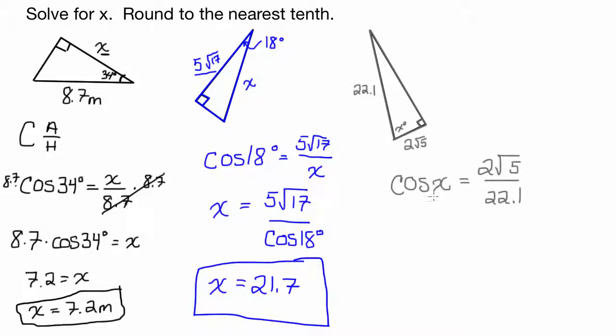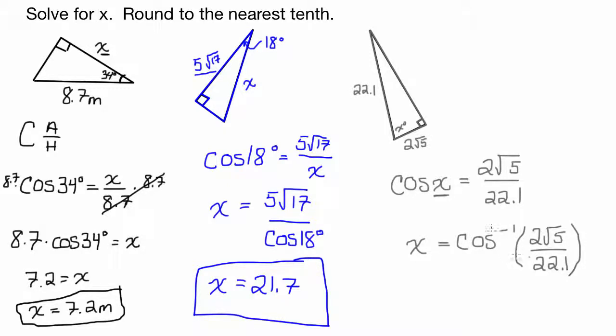Then to solve for the angle, you take the inverse cosine of both sides. When you take the inverse cosine of this side, you're left with x, and the other side is just the inverse cosine of 2 root 5 over 22.1.